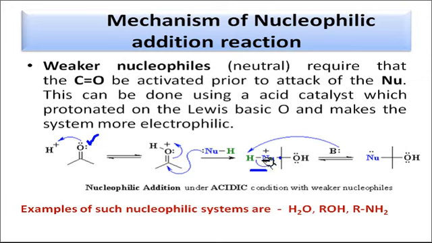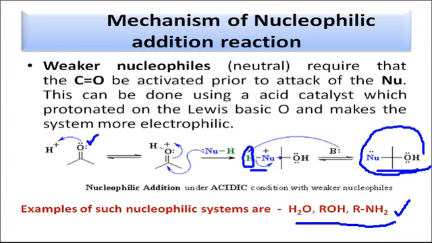Now in the last step, this proton from the nucleophile is removed and finally the alcohol derivative is formed. These are some of the weaker nucleophiles. All are examples of the weaker nucleophiles. So you must remember, in presence of acidic medium or in presence of the weaker nucleophile, first the protonation of the carbonyl oxygen atom takes place and finally the alcohol product is formed.